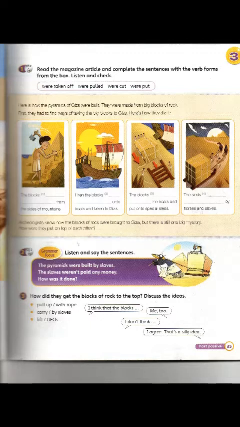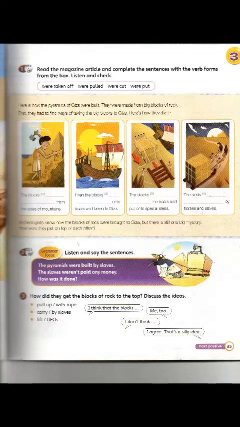So please take a look at the grammar focus part 2, still on page 35. We have three sentences here, and there are some bold words: were built, weren't paid, was it done.